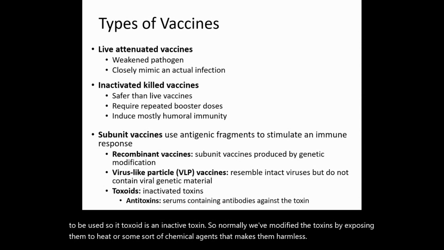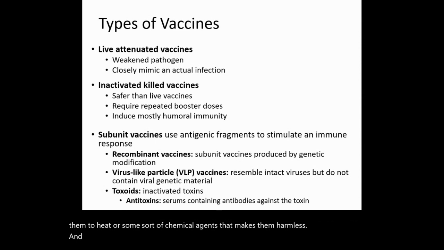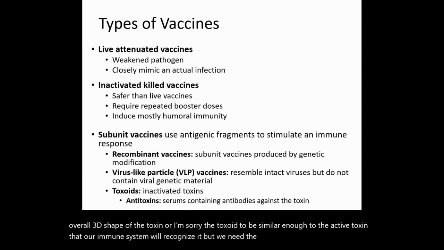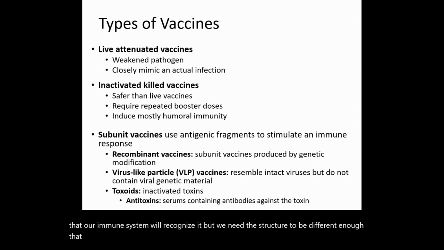And the challenging part of creating a toxoid vaccine is we need the overall structure, like the overall 3D shape of the toxoid, to be similar enough to the active toxin that our immune system will recognize it. But we need the structure to be different enough that it's not harmful.